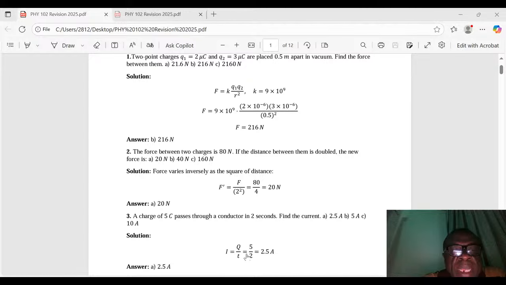Number 3, a charge of 5 Coulomb passes through a conductor in 2 seconds. Find the current. We know that current is charge per unit time, and somebody is saying we are not seeing it clear.